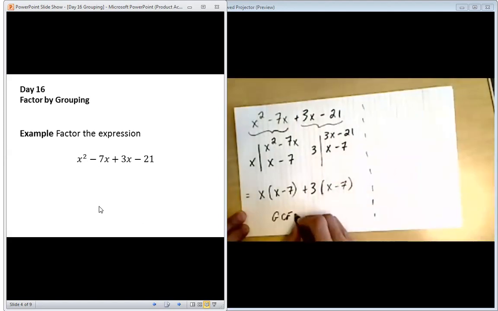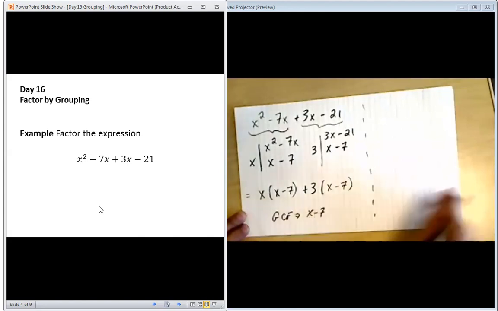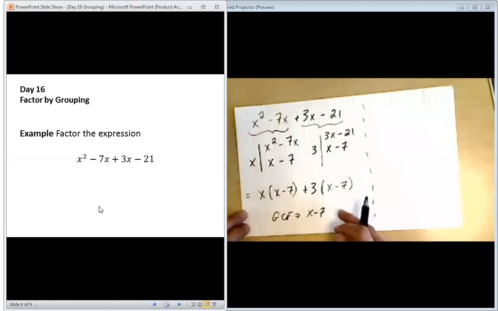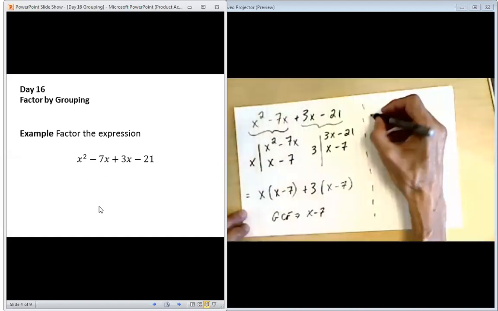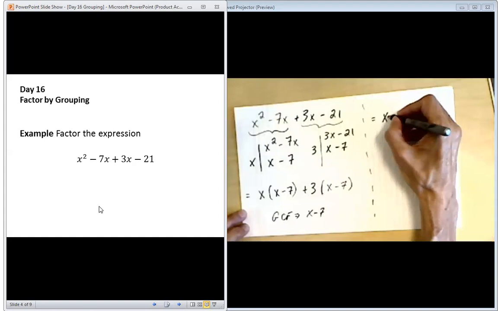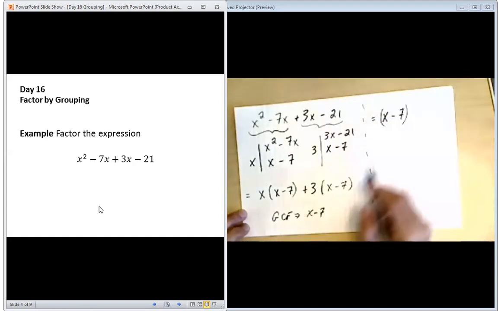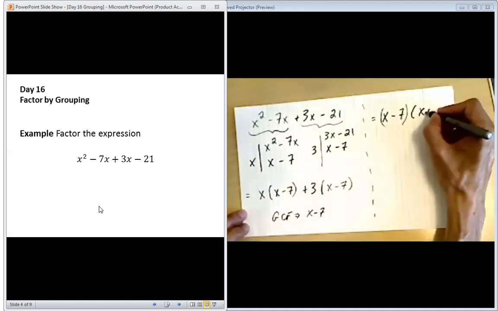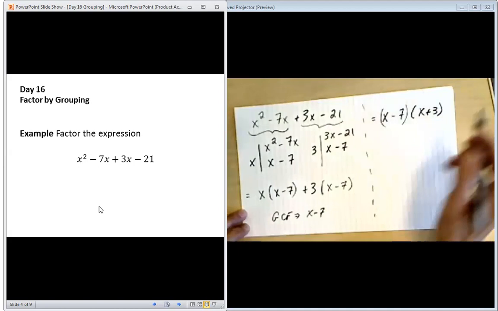See, the GCF is that x minus 7. And so watch, if I had a full piece of paper, it would line up nicely. What happens is the x minus 7 goes up in front like that. And then what's left is the x and the plus 3 in brackets like that.